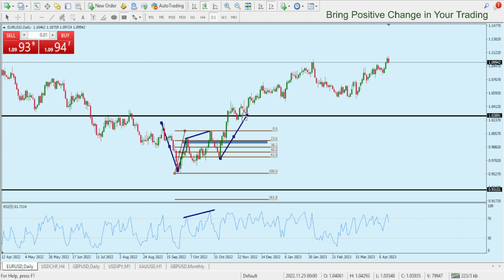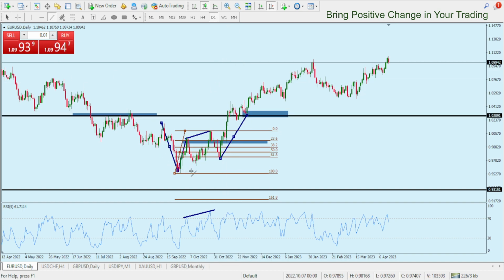But there is one more technical thing that I want to discuss. No doubt we took this much, 597 pips of profit, right? But what happened right here is, this place was supposed to be for a sell. Just have a look at this key resistance level right here, key ABCD pattern right here.